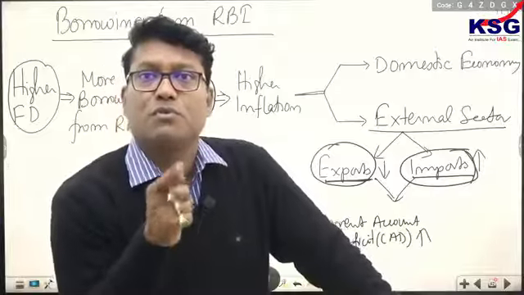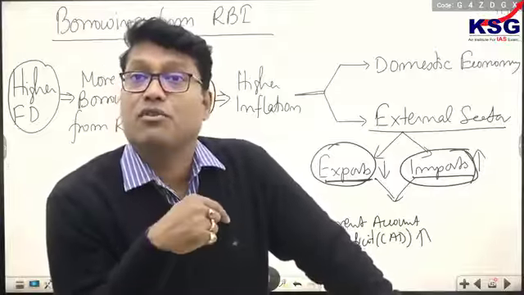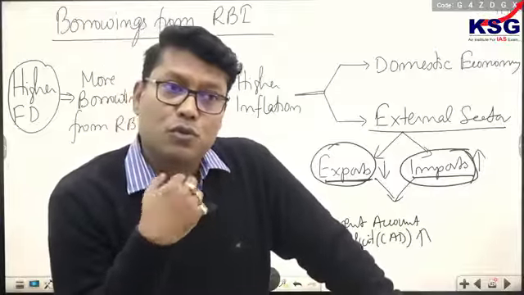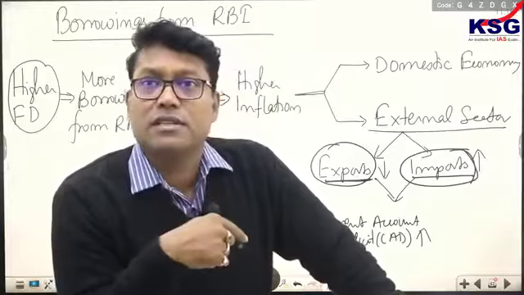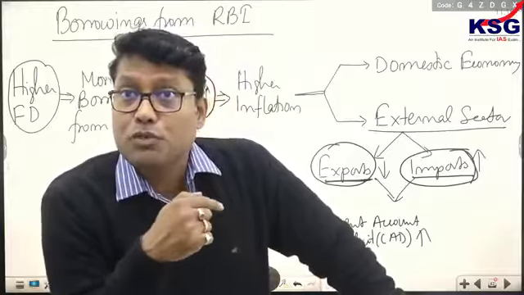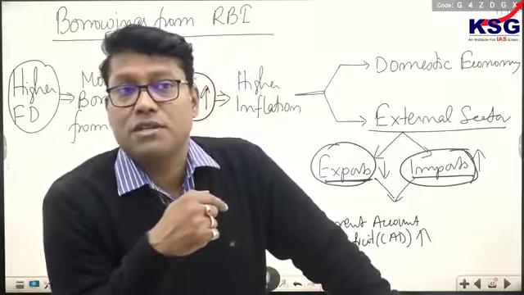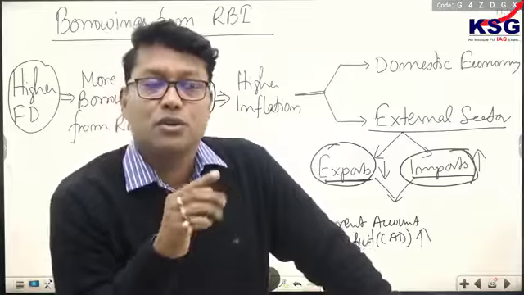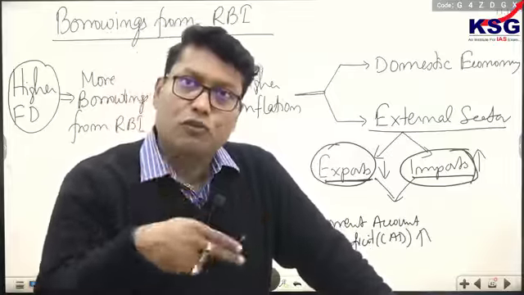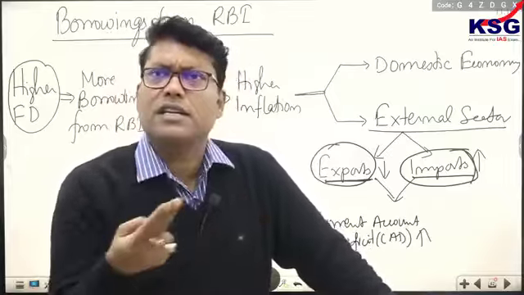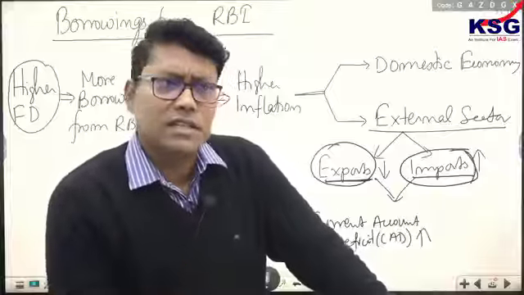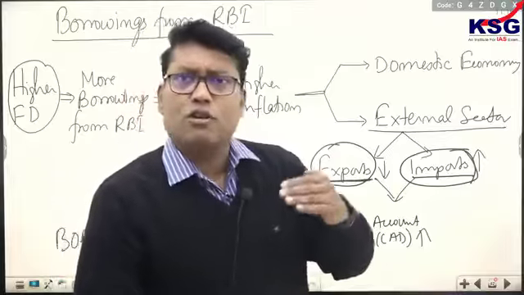The moment you export goods and services, you receive foreign currency. But if you import goods and services from other countries, you pay foreign currency, so there is an outflow. So the current account relates to only one thing: inflow and outflow of foreign currency.